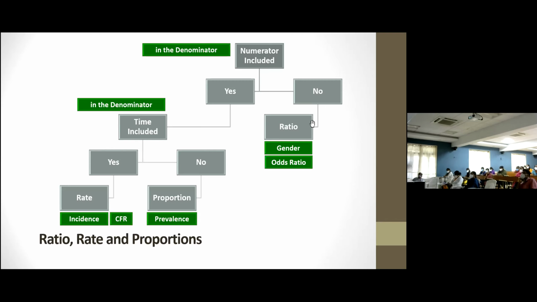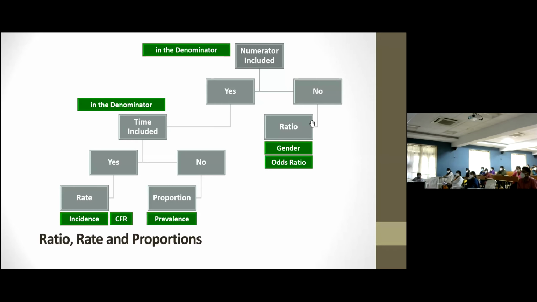Suppose I want to know the gender ratio in the students admitted as PGs here. Just count the number of people: there are 50 male students and 45 female students. 50 to 45 is the ratio. When the denominator does not include the numerator, it is a ratio. When the denominator includes it, say there are 100 students admitted in the college, 53 are boys and 43 are girls, then 53 by 100, 53%, is not a ratio, it is a rate.